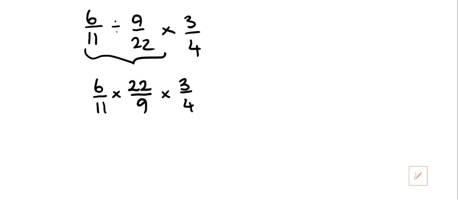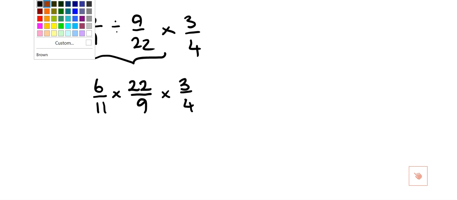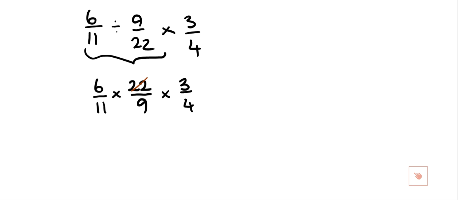So in this case, the 22 and the 11 is 2 and 1, 9 and 3, 1 and 6 and 3, 2 and 1, whichever one you want to do. 2 with 2 is 1 and 1.